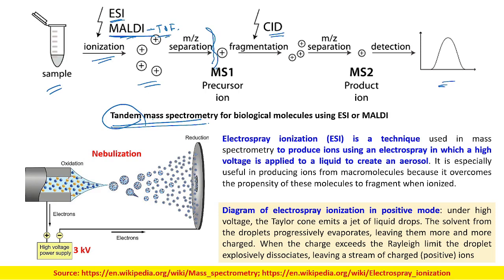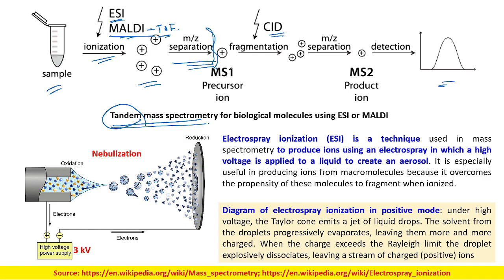Now over here we use a word TOF, MALDI-TOF, in tandem mass spectrometry, where TOF is the time of flight. Now what it does, as I told you, if you are having a larger fragment, it will have a larger momentum and it will come out of the first analyzer, where the separation will happen.